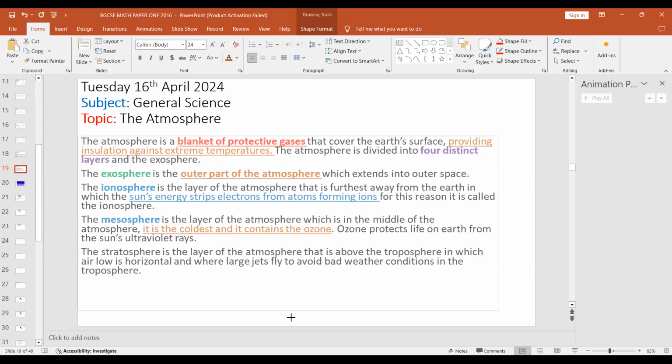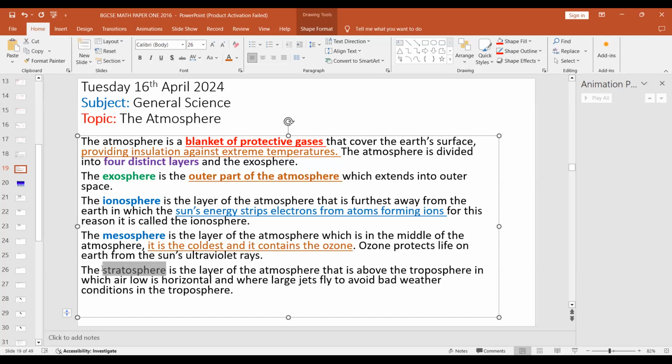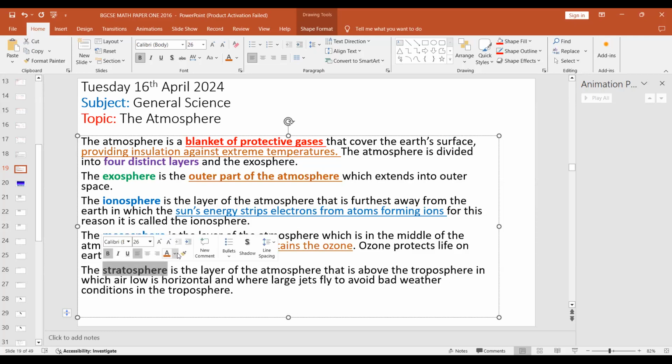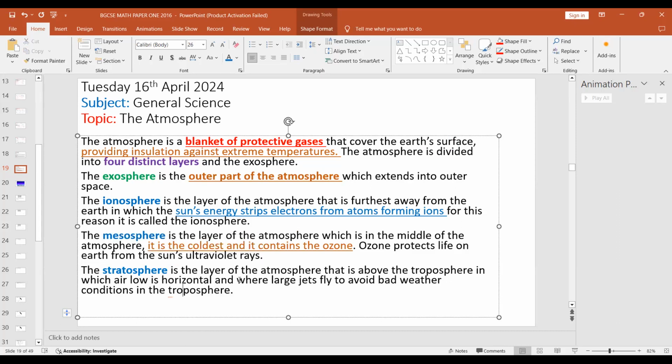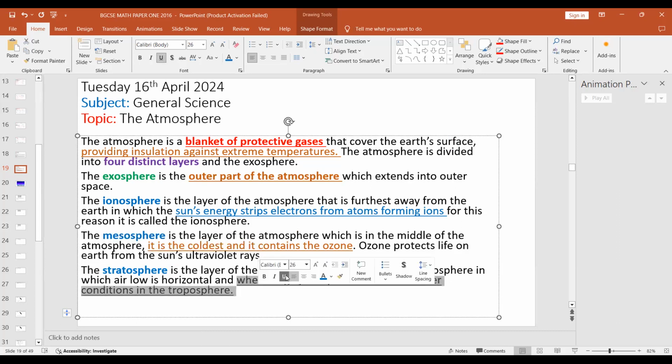So the stratosphere is the one that is above the troposphere, and this is where large jets fly to avoid bad weather conditions in the troposphere.